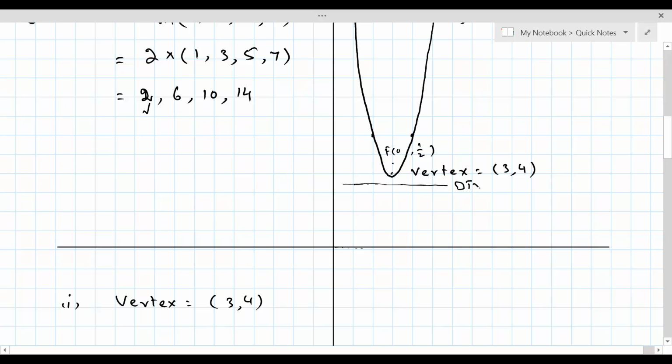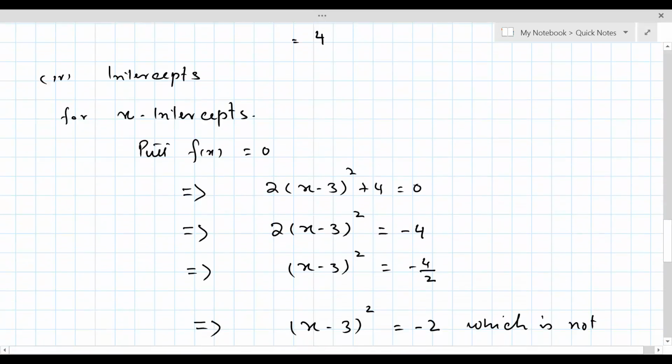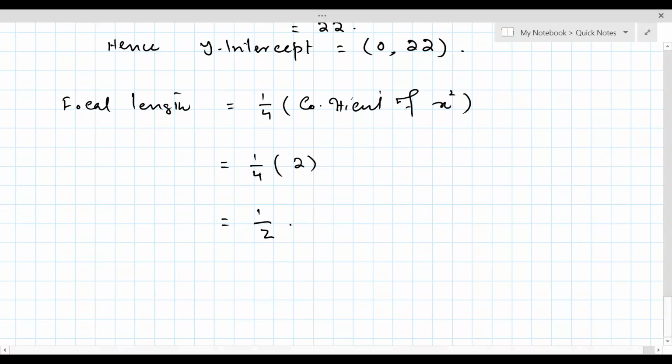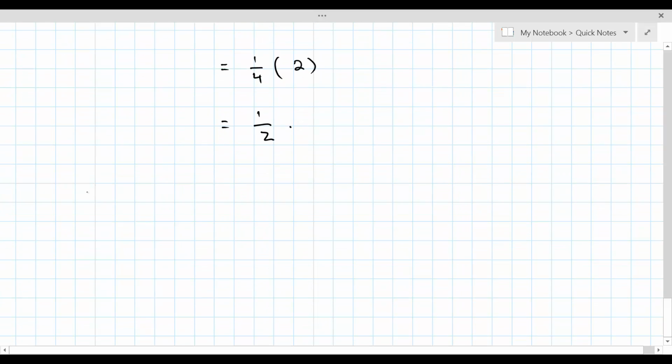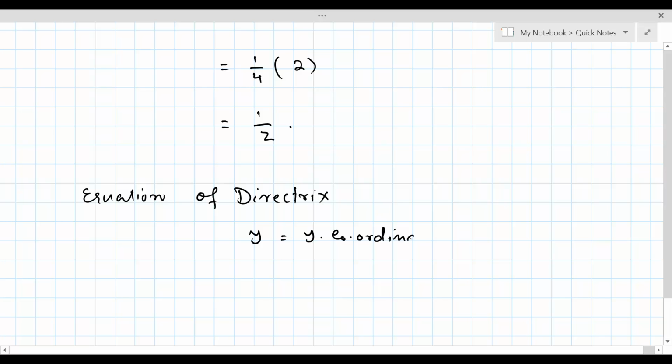It is y equal to the y coordinate of the vertex minus the focal length.